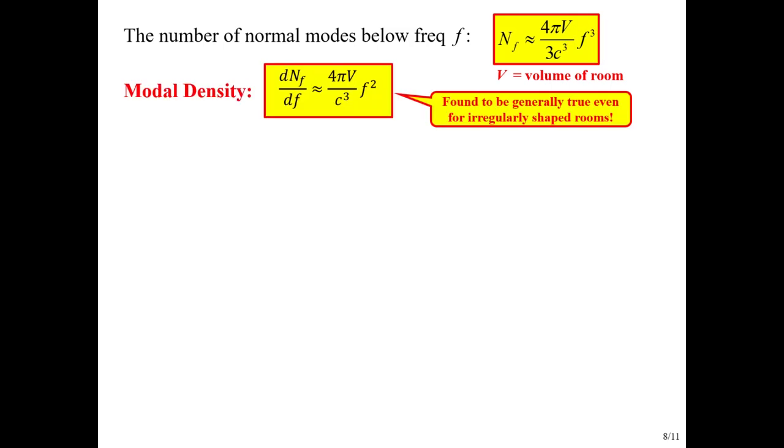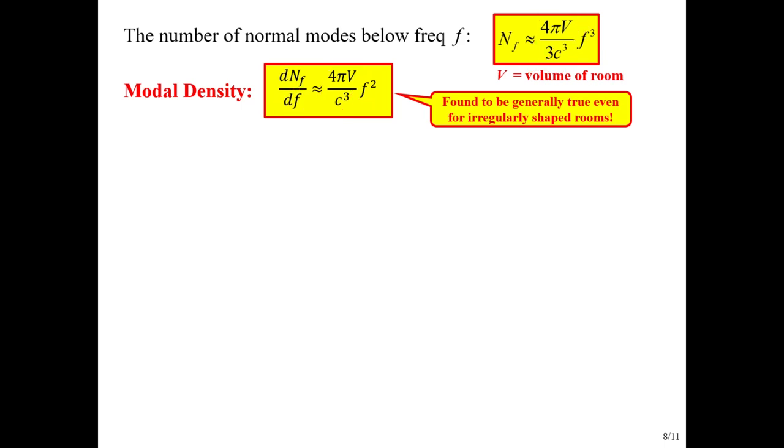Okay, so now if we take the derivative of this, we can get an idea of the modal density. So this is change in number of modes per frequency. If we take the derivative, there is just a constant out in front. We're taking the derivative with respect to f. So the 3 comes down and cancels the 3. And now we get an f squared.